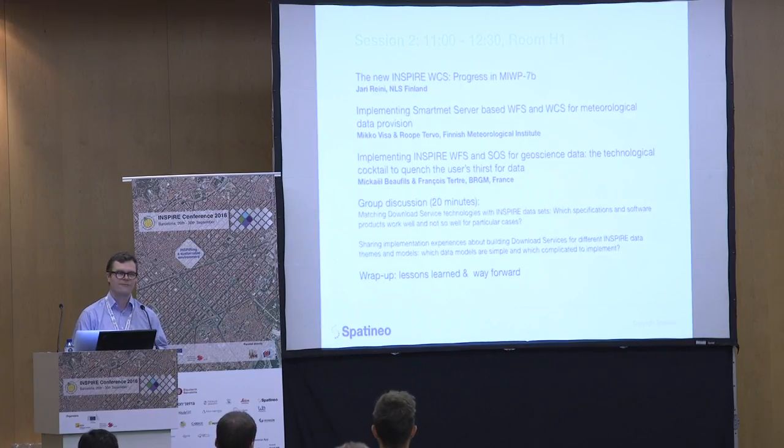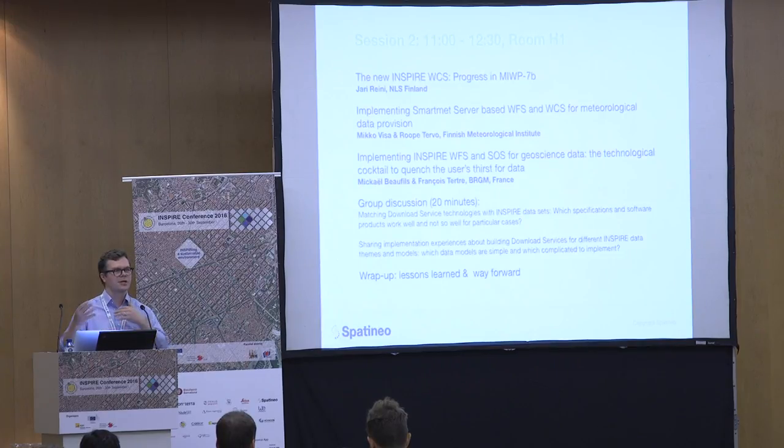And then we have a nice 20 minutes time for discussion, and I would like to ask you already to think about what questions you have in mind for that discussion session. So I have just a few here to start with. How to match the different data sets into the different download service technologies, for example.